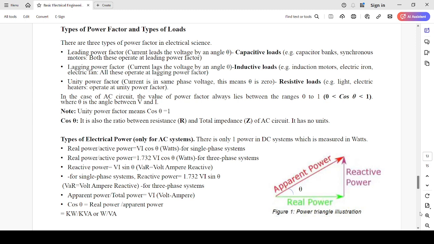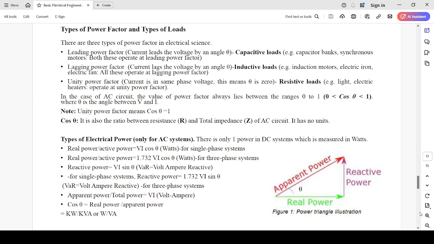You can note down the angle theta, which is marked between the real power and the apparent power. When you take the cosine of this angle, it becomes the power factor, and this theta is known as the power factor angle, that is alpha minus beta in the previous slide. Real power is estimated by the formula VI cos theta.